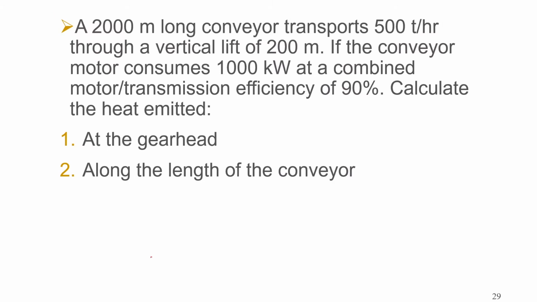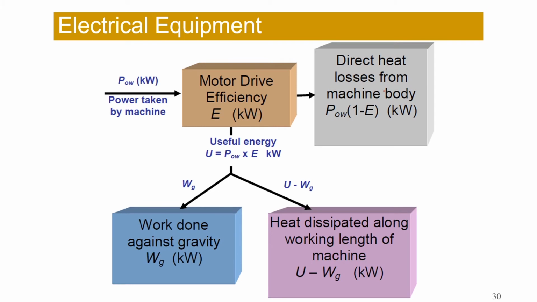Let's have a look at this example. A 2,000 meter long conveyor transports 500 tons per hour through a vertical lift of 200 meters. If the conveyor motor consumes 1000 kilowatts at a combined motor transmission efficiency of 90%, calculate the heat emitted. We will go back to this diagram. The total power here is 1000 kilowatts.